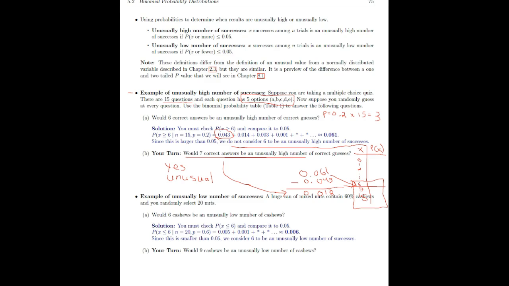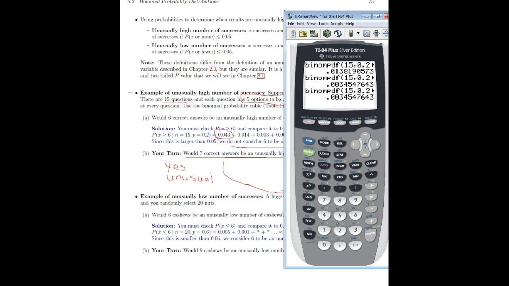I'm going to show you a way to do this in the calculator, using a different function, and we're going to clarify and solidify this in class. We're going to use what's called the binom CDF function. The binom PDF function that we used earlier finds the probability of getting exactly however many successes you put in, so exactly 8 successes. The binom CDF function finds the probability of getting this many or fewer successes, which is really helpful because that's what we're interested in right now.